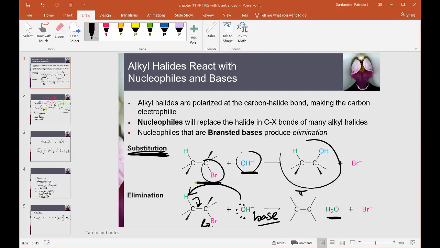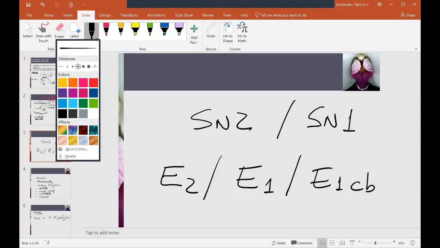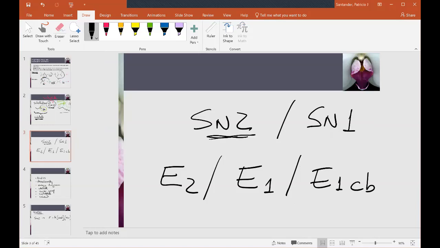So, we will have different types of reaction mechanisms. For the substitution reactions, we will have two flavors: nucleophilic substitution SN2 or nucleophilic substitution SN1. And for the elimination reactions, we will have E2, E1, or E1cB, three different flavors.